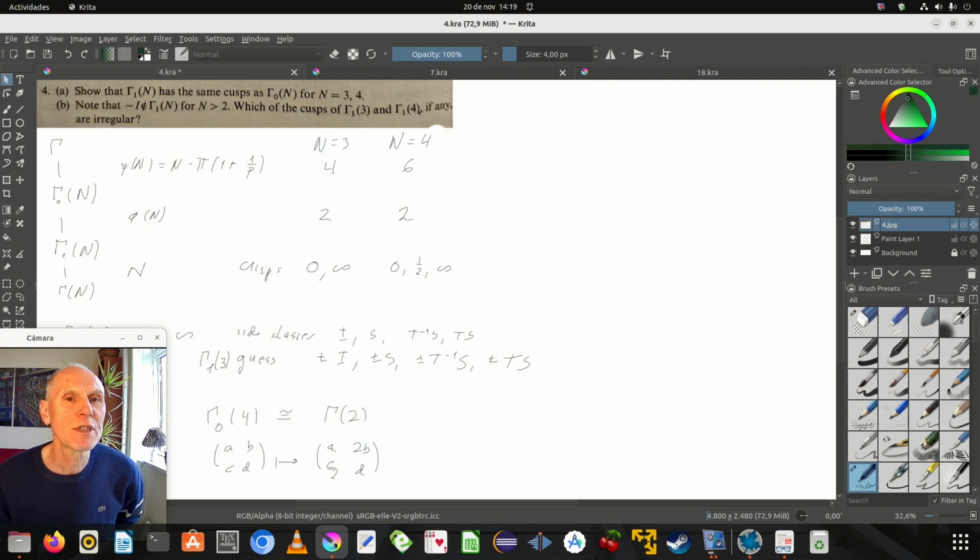Which of the cusps, if any, are irregular? Naught is mapped to infinity by S. I will just go through the motions.